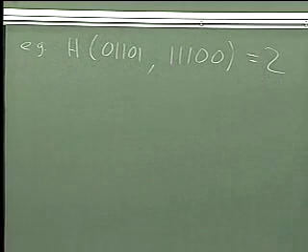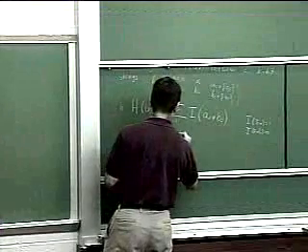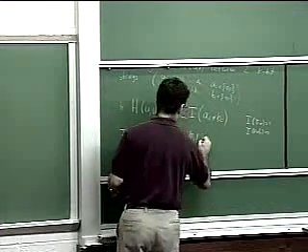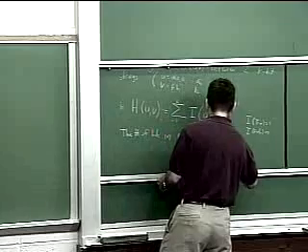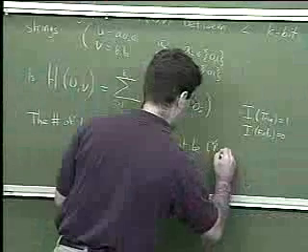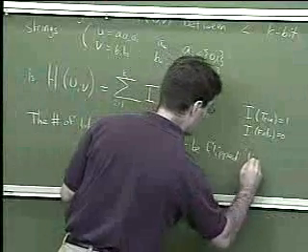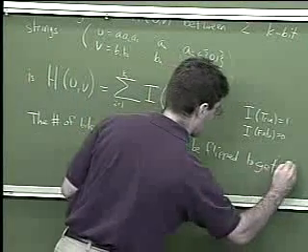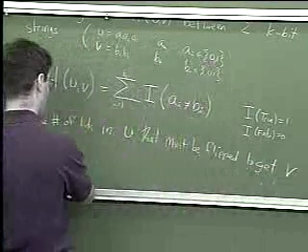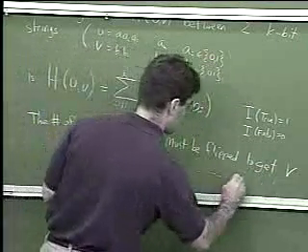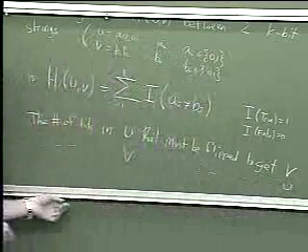So intuitively, it's the number of bits in U that must be flipped to get V, or the number of bits in V that must be flipped to get U, and the process is reversible.